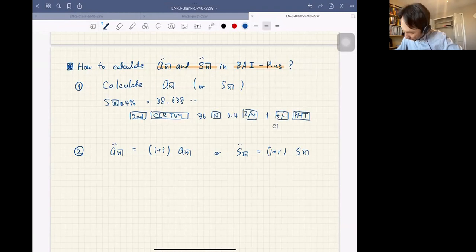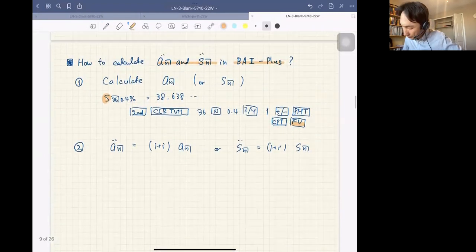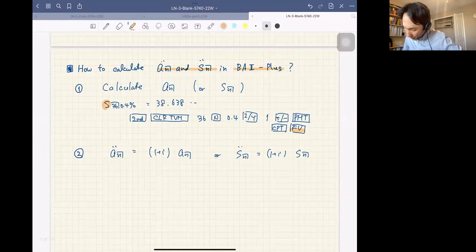And then compute future value. So here the S, future value. Maybe there is a shortcut.